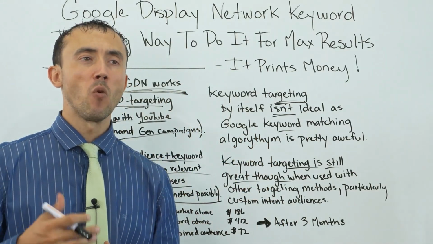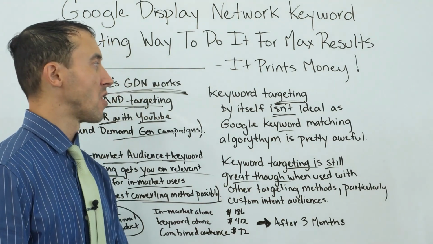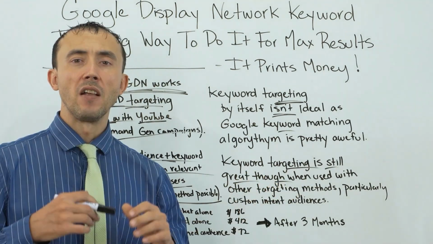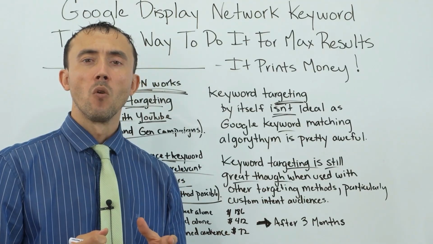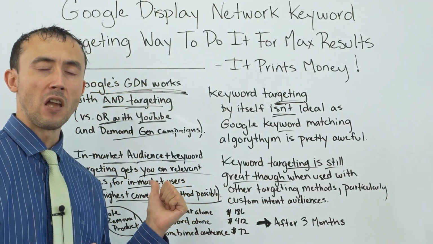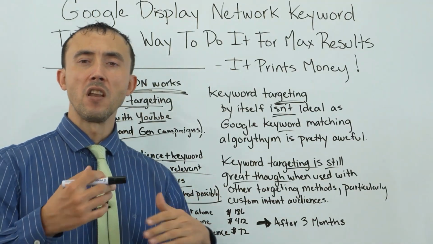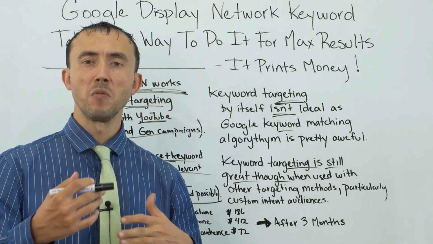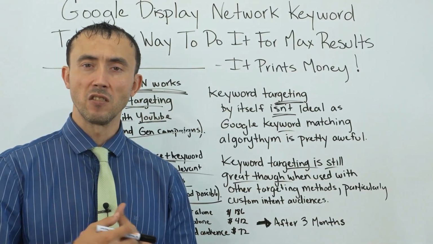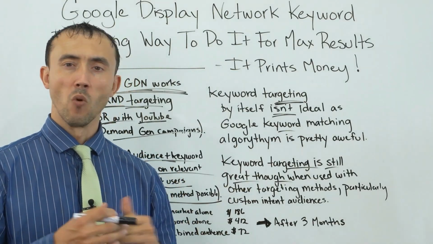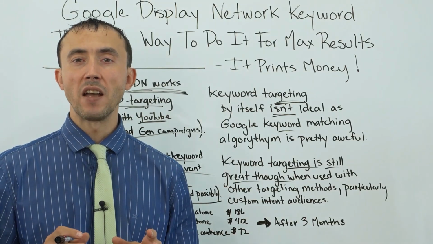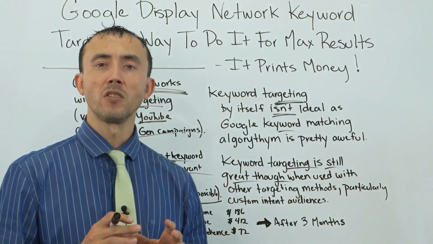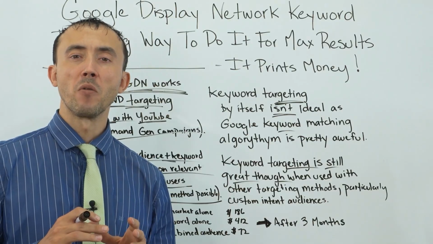You may be wondering why, though, if you're saying earlier that the keyword matching algorithm where Google determines what a web page is about is really poor, why are you saying to do it now here in combination with the custom intent audiences and in-market audiences that you can create through them? Why are you saying to do this then? The answer to that is keyword targeting by itself, Google does a poor job of knowing what a web page is about.